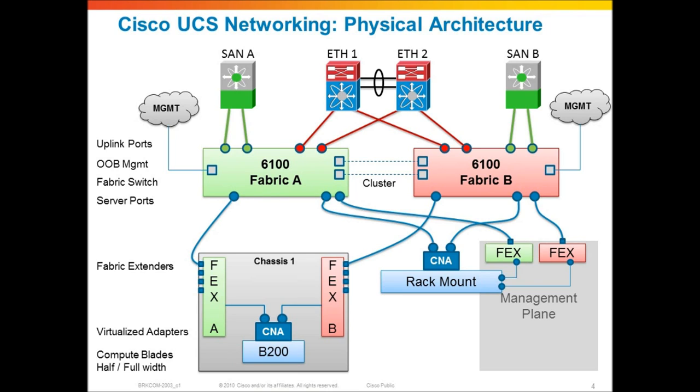So today again, connecting rack mount servers directly to the Fabric Interconnect. We will evolve this capability in the future. This is just the initial offering. In the future, you can expect that you'll be able to take these CNAs and connect them to 10 gig fabric extenders, just like these blades are connected to 10 gig fabric extenders here.